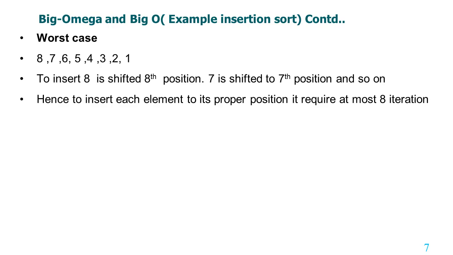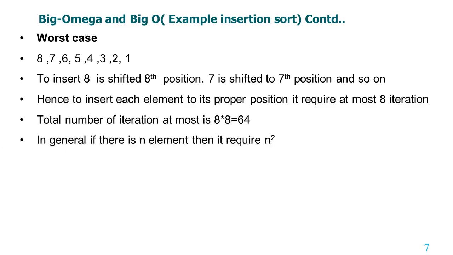We consider that 7 is also shifted at most 8 positions, and 6 is shifted at most 8 positions, etc. That is, we consider at most 8 iterations for each shifting operation. Then the total number of iterations is at most 8 into 8, which is equal to 64. Since for each element there are 8 shifting operations, and the total number of elements is 8, there will be 8 into 8, equal to 64 shifting operations, 64 iterations.